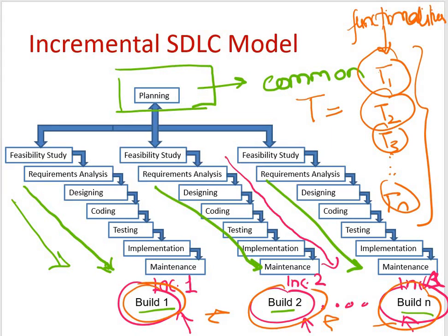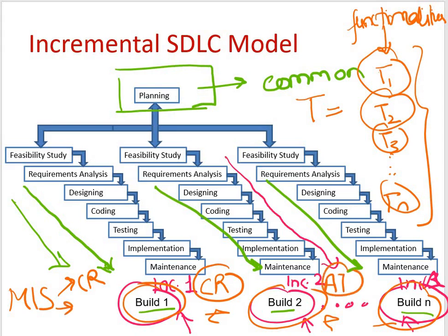For example, take your MIS application. Let me say that for me the course registration is something which is crucial. So in build 1, I came up with a course registration module. In build 2, the attendance management system is something which is important for me, so I came up with this. For build n, let's say inventory management was there, so for build n, I came up with the inventory management system.